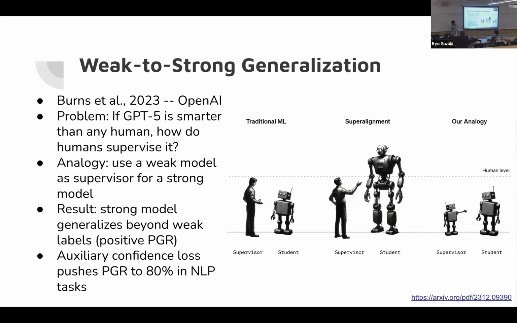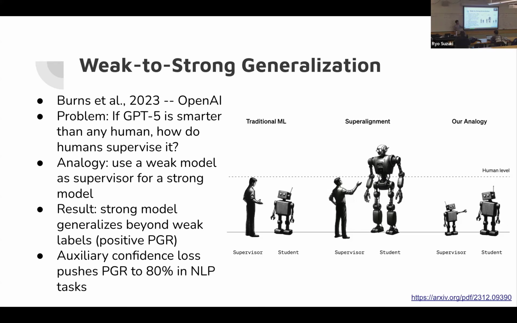So I think I covered this before, but one of the questions is, if the AI becomes smarter than the human, how are you going to supervise? How could the supervision happen, right? That was a paper from OpenAI in 2023.